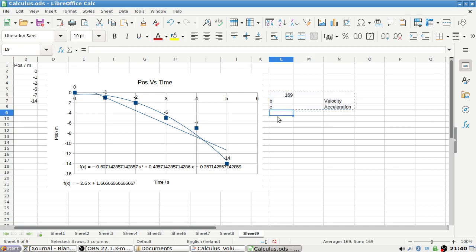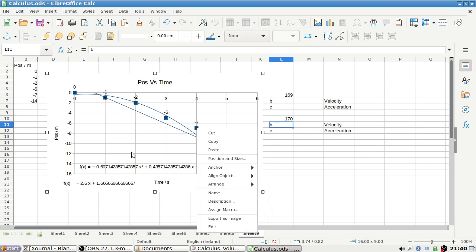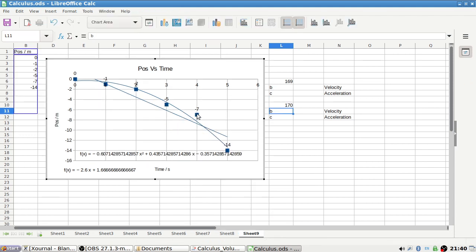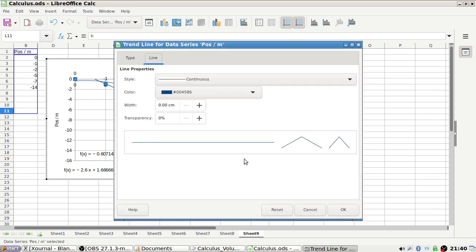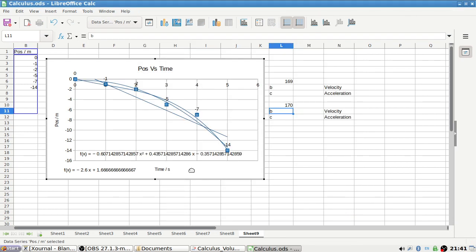Same deal for 170. What we're missing on our graph is the cubic. Where'd you go, cubic?